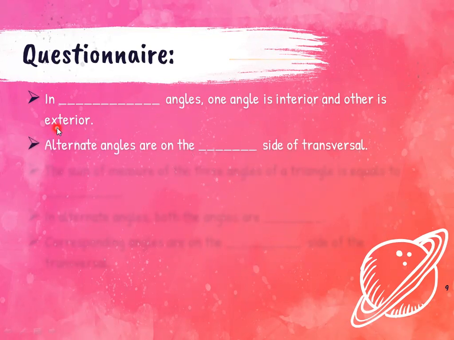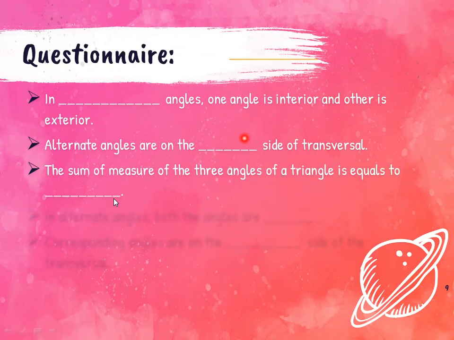Now the next is this one. Alternate angles are on the dash side of the transversal. Same side or opposite side? Alternate angles are always on the opposite side of the transversal. So the answer will be opposite side.